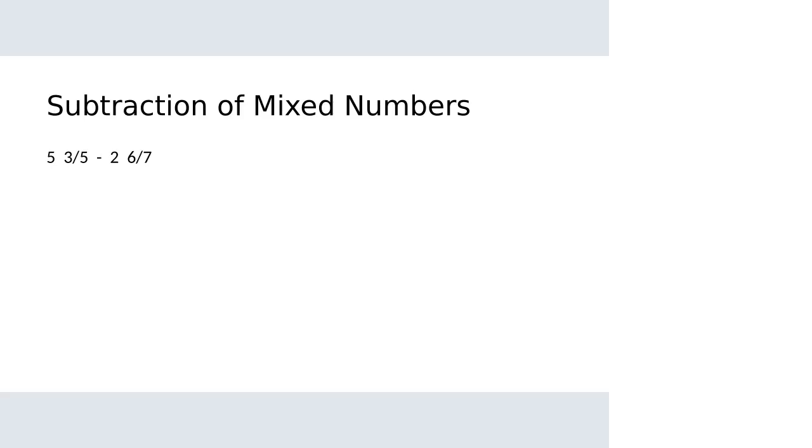Subtraction of mixed numbers. A little bit more difficult than addition of mixed numbers, so we'll be patient with this. We've got 5 3/5, and we want to subtract 2 6/7. So let's see here. In this one, I'm not going to charge forward and do 5 minus 2 is 3 to start with.